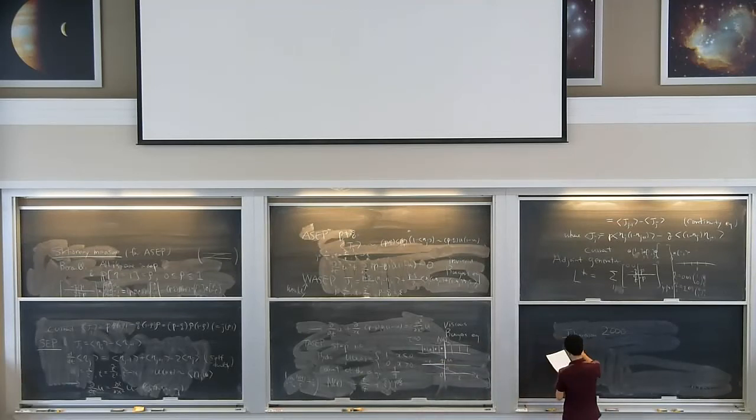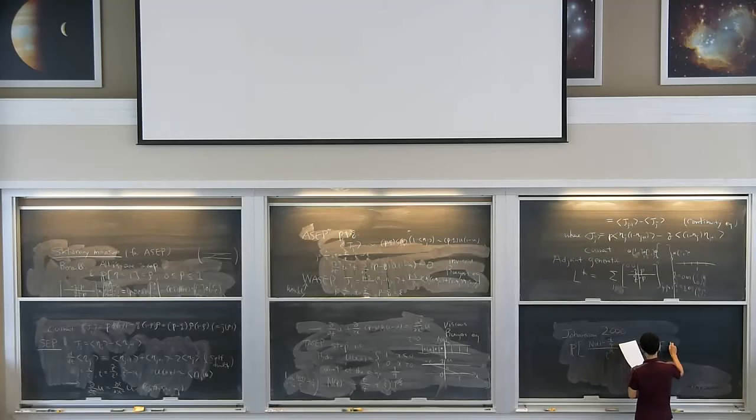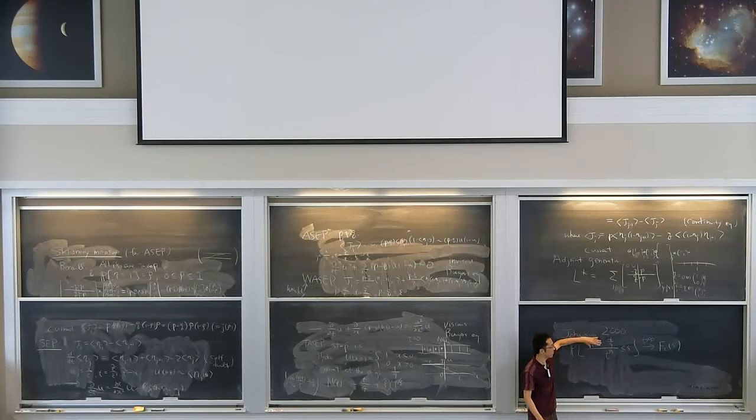And 20 years ago, he proved that this is the quantity we are interested in: the integrated current at the origin for TASEP with the step initial condition. This is a random variable.